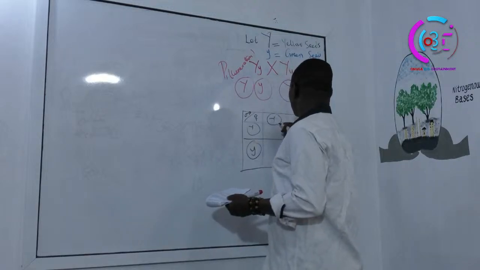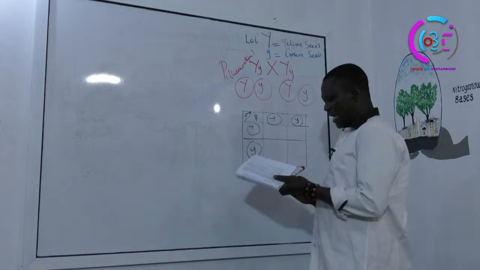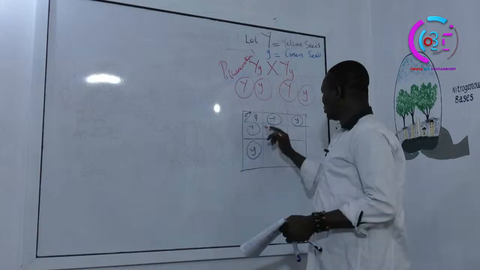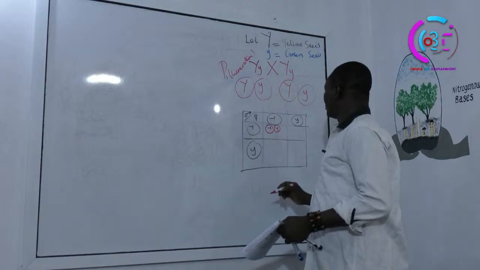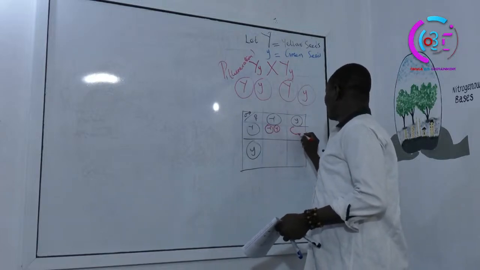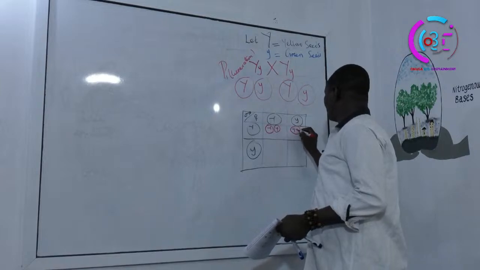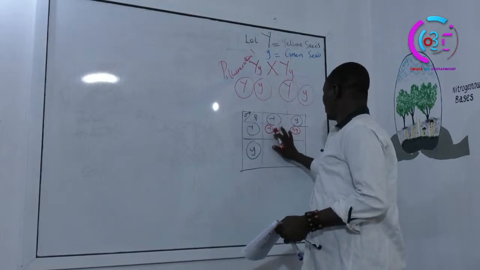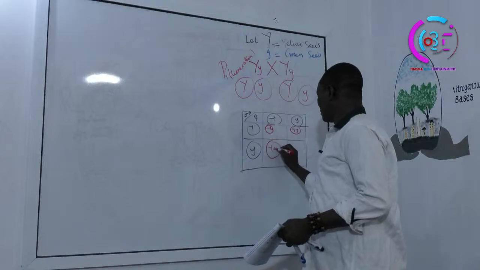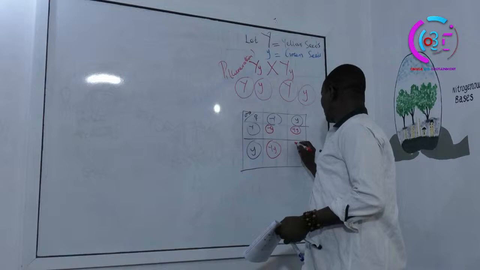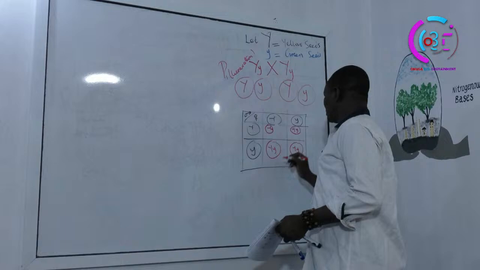So that by the time you now cross this with this, you are going to have something like this. When you cross it, you are going to have something like this.